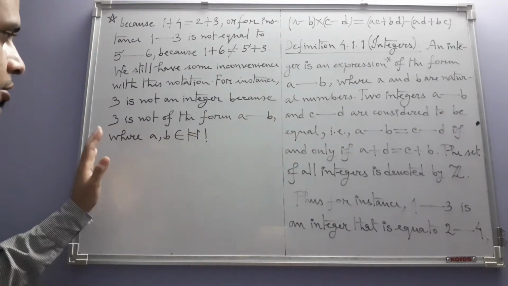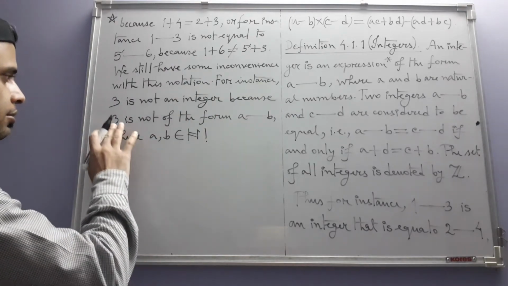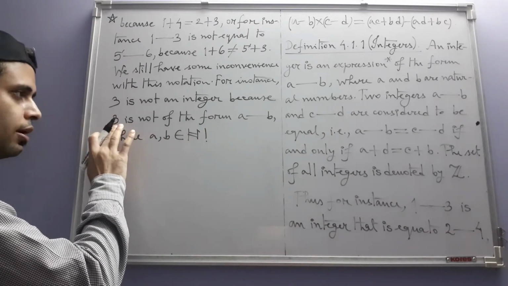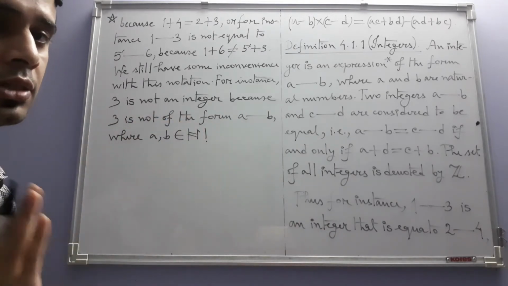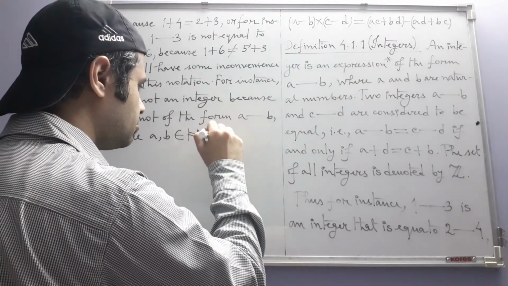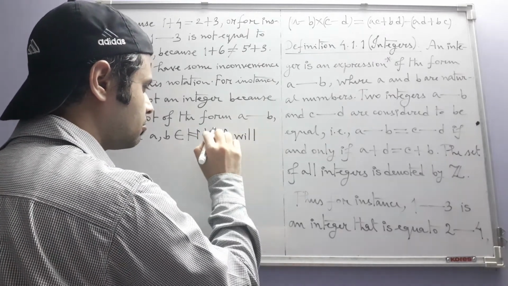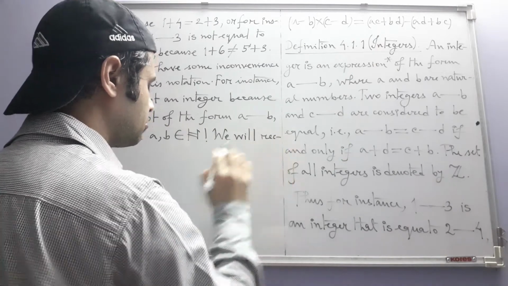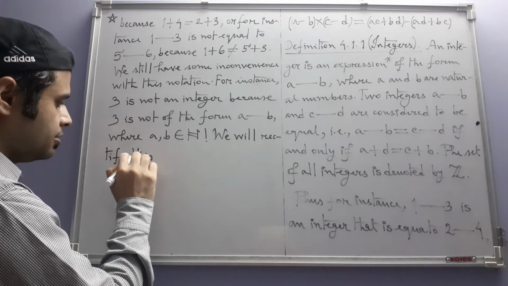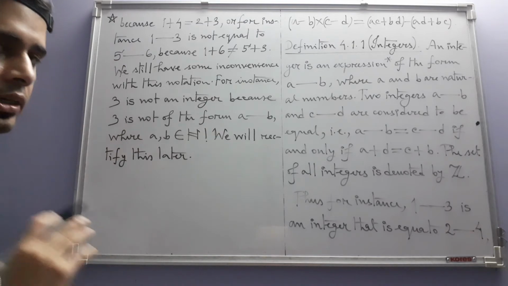So what is happening? Definitely something has to be done. If we just leave this like this, then no natural number is an integer, strictly speaking, but we will have to rectify this. We will rectify this later. That will be taken care of.